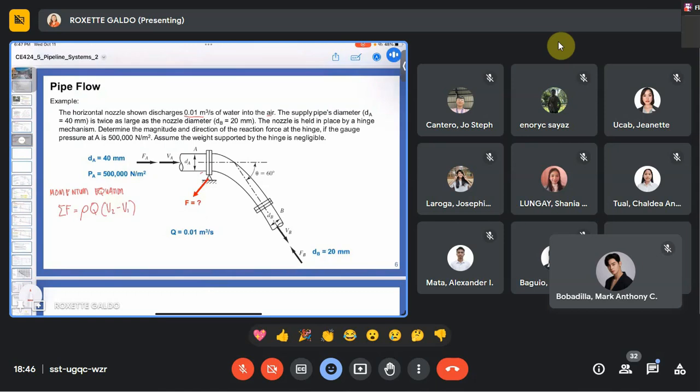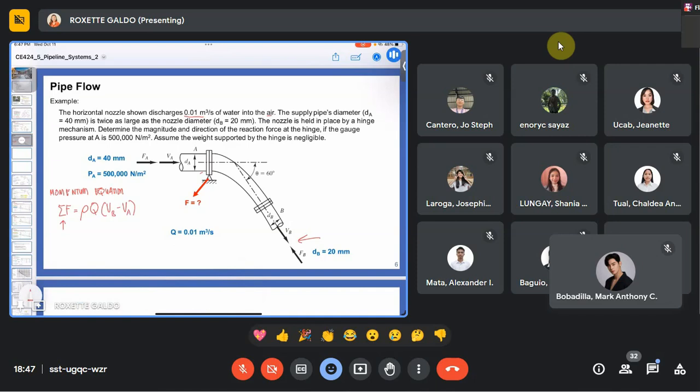So in this case, the initial point is point A and the final point is point B. So the initial is A and the final will be B. Now in the equation, we can get the force F from here, right?